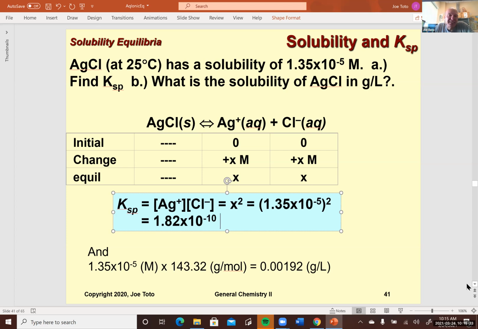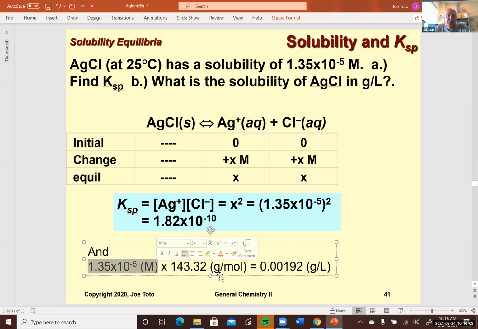So far so good. It's not too much different than what you've dealt with so far, but now instead of pH, you know how you had to relate X to pH, it's minus the log of X because X equals H plus concentration. Now X or S, whatever you want to put there as your algebraic parameter, that is the solubility in units of moles per liter. So when I calculate that X, I find this value.